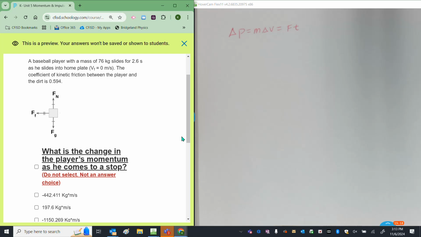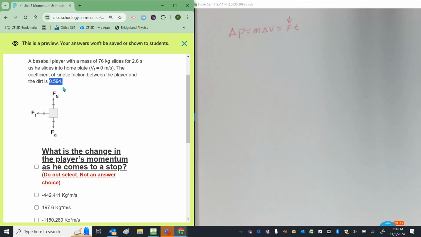So in this particular problem, I have a mass. I do not have a change in velocity. I have a final, but not an initial. I don't really have a way to get the initial, at least not right off the bat that I see. However, I do have some information about force because there's a free body diagram there. And I know I can solve for a force because they gave me a coefficient of friction.